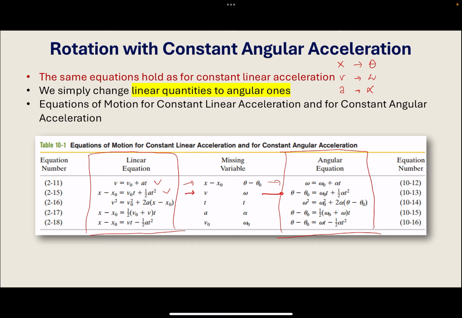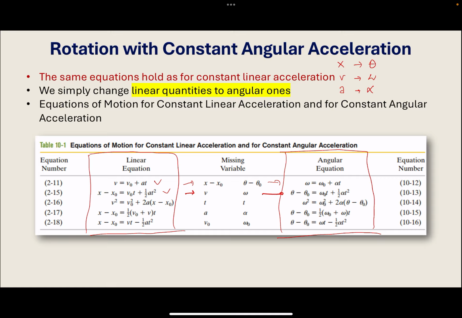Another subtopic: rotation with constant angular acceleration, one of the most useful cases in rotational dynamics. When the angular acceleration is constant, the motion follows equations that are exactly the same in form as the equations of uniformly accelerated linear motion.